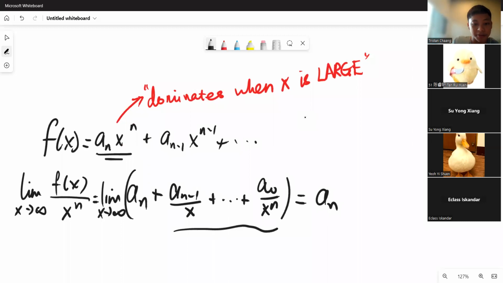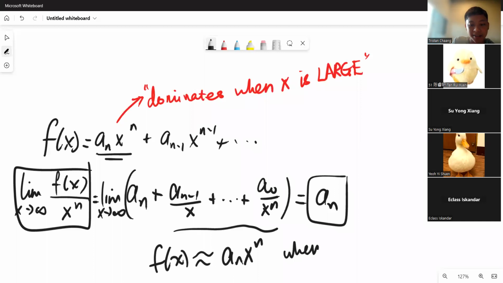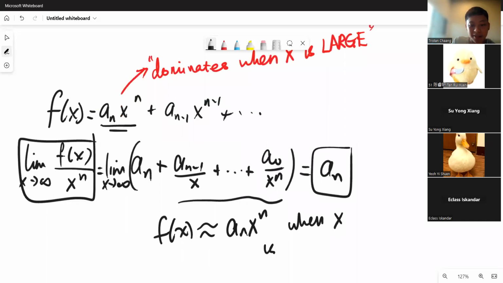The other terms go to 0 when x is large, as the denominator gets arbitrarily large, it gets arbitrarily close to 0. So that means f(x) grows similar to a_n x^n when x is large. So the other terms don't matter anymore.